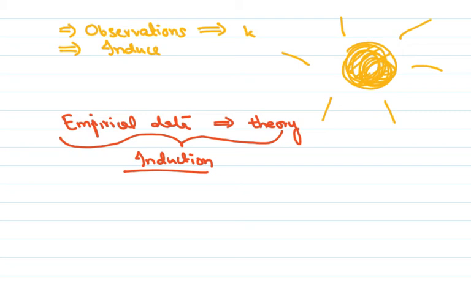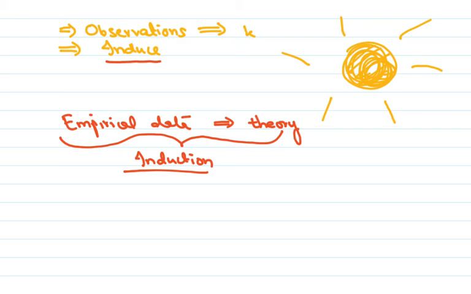So basically, your observation was that every day it rises from the east. From that, what you induced was that it's going to rise from the east every day. Now, this is not necessary because the next case might just be an exception. If we try to logically think about it, there's no logical condition that the sun will rise from the east every day just because it has risen from the east for, I don't know how many years.